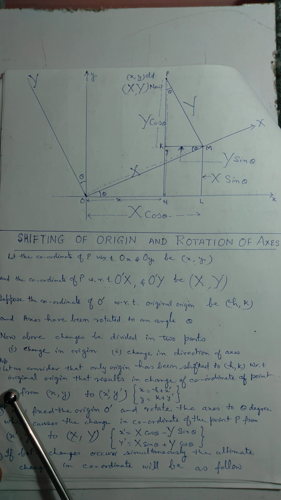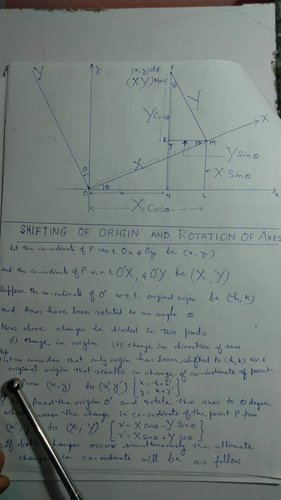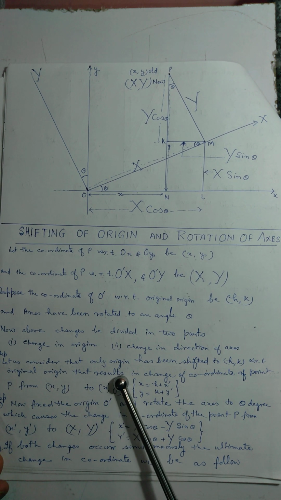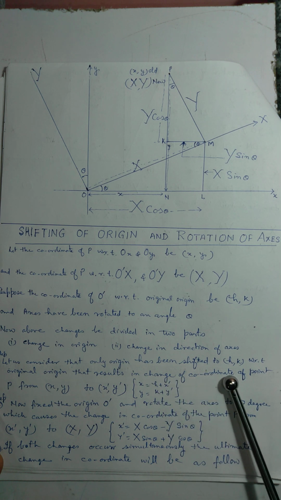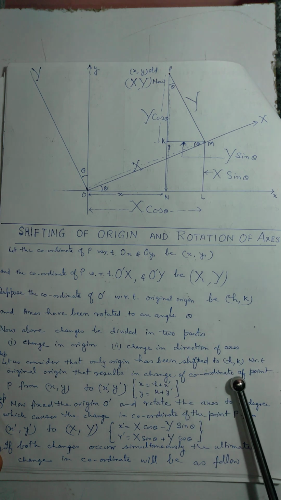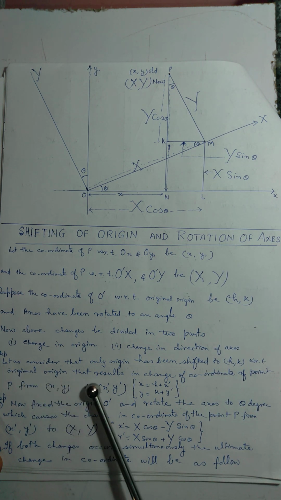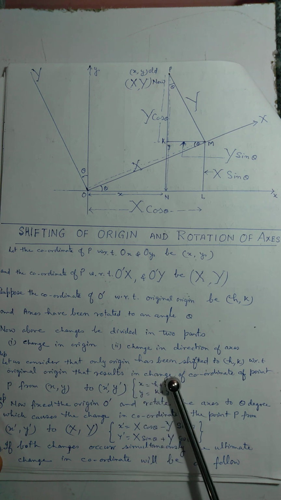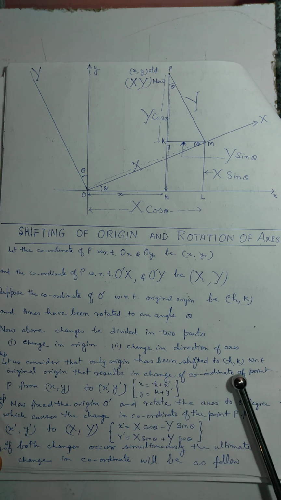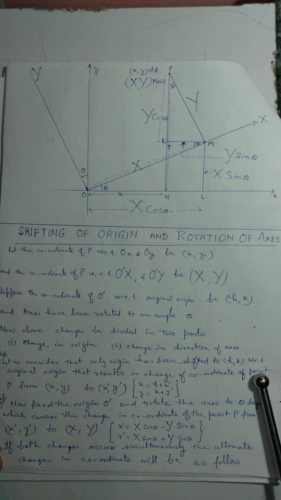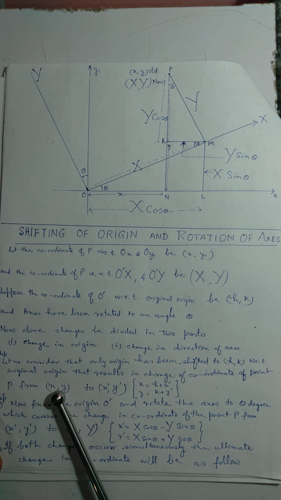So in step 1, I have written stepwise: let us consider that only the origin has been shifted to the point H, K, the coordinate of the new origin, with respect to the original origin.